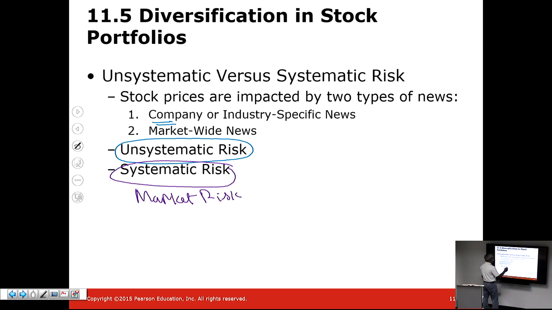So there are two sources of risk that impact a stock: systematic risk and unsystematic risk, or market risk and unsystematic risk. The unsystematic risk in a large portfolio can be eliminated. So what remains in a large portfolio is the market risk or the systematic risk.